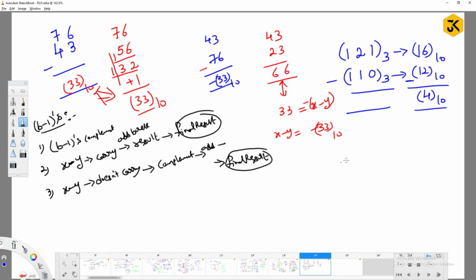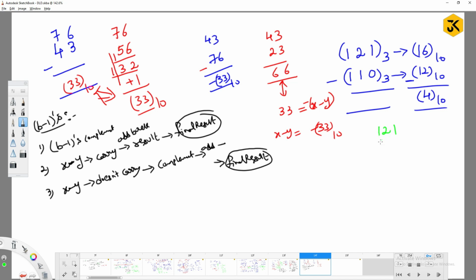So now try to do the same procedure that we did. First, 121 as usual, and what about 110 in its complement form? You have to subtract it from the maximum positive value. The maximum positive value is triple two, 222.